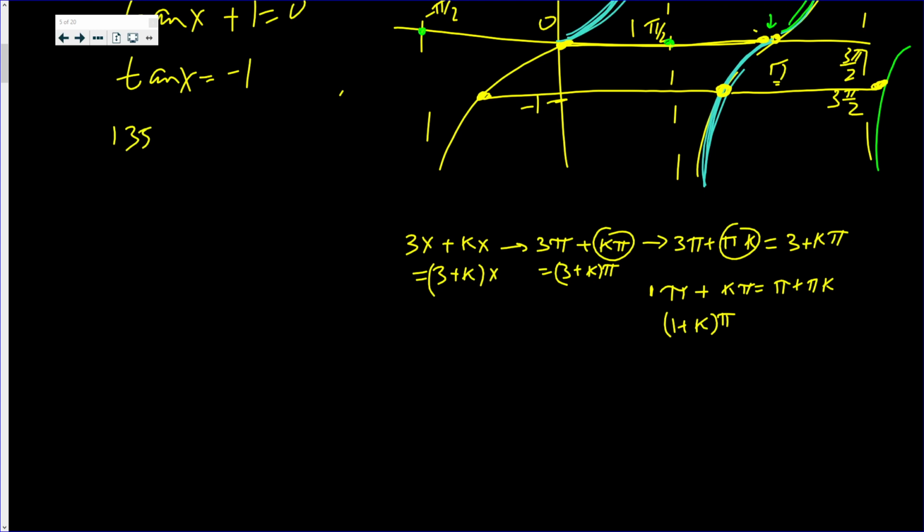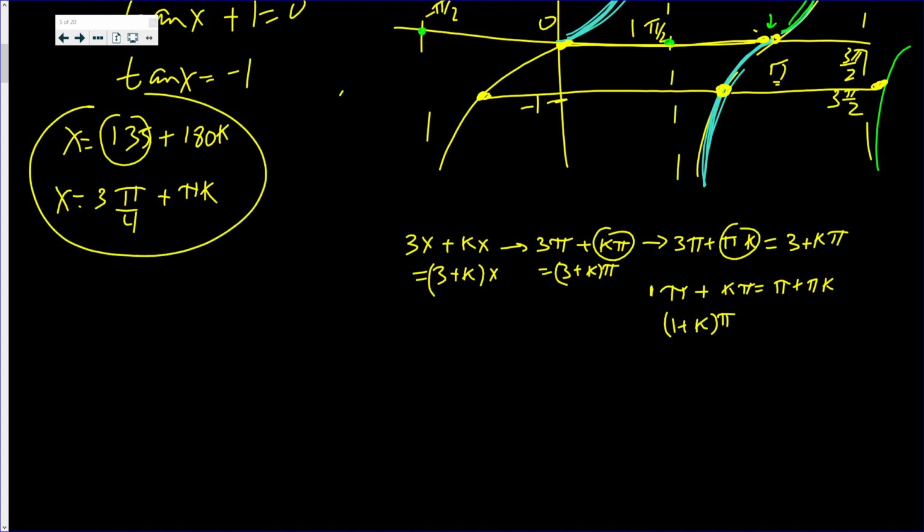So x can be 135 plus 180k, or this is 45 times 3. Pi over 4 is 45, times 3, plus pi k, since 180 is pi. This is one of the two ways you can write the answers. When it comes to the tangent, just go from 0 to pi to find an answer.